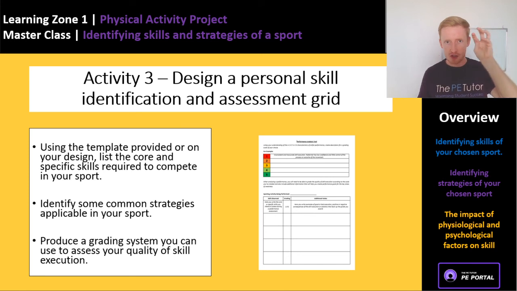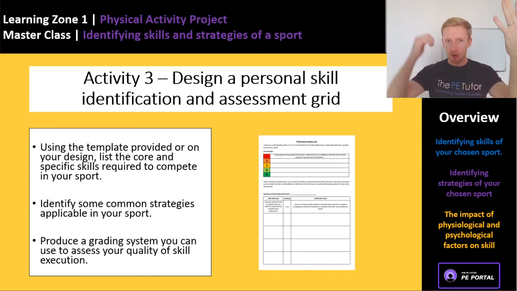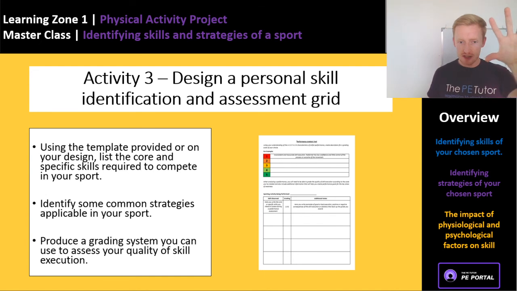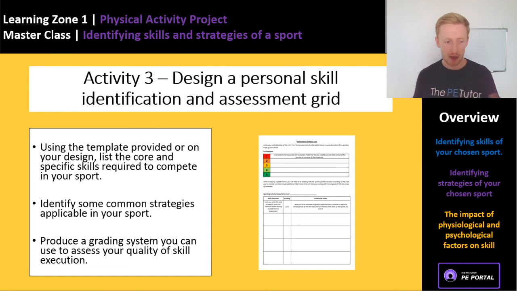So what does, on average, number one, poor quality look like? Is it weak or is it strong? Is it slow or is it fast? Accurate or inaccurate? Focused, unfocused? Get clear on what it is that you're going to be looking for in your performance analysis. Get grading system sorted, and then that means in your checklist, you can just go 1, 3, 4, 5, 2. You can then grade it really quickly while you're watching.